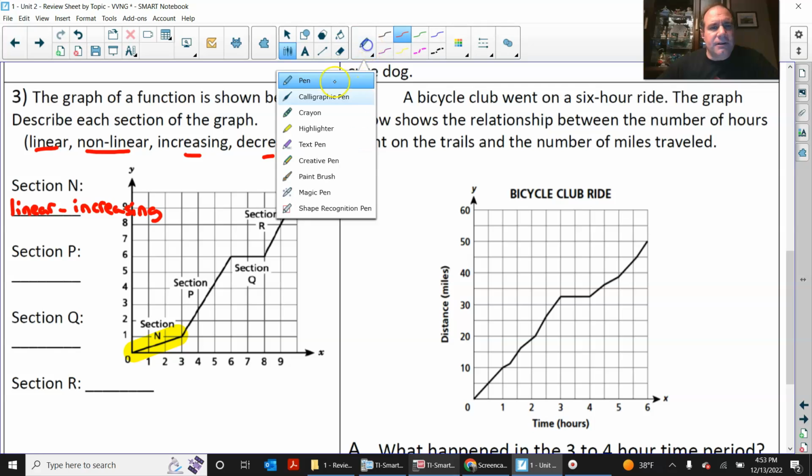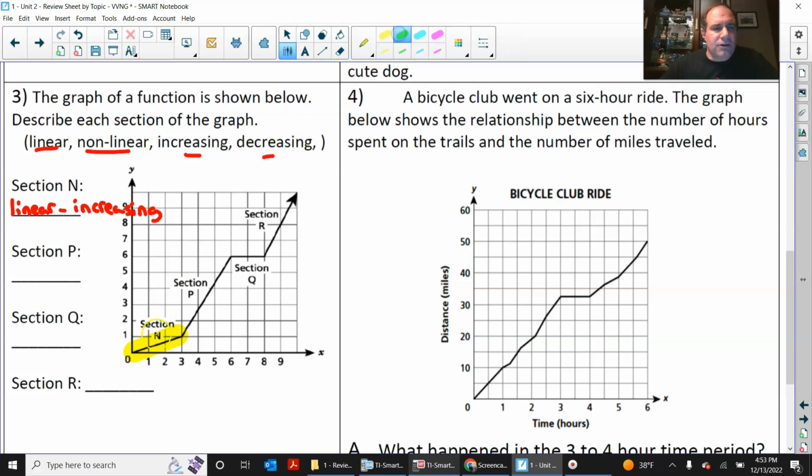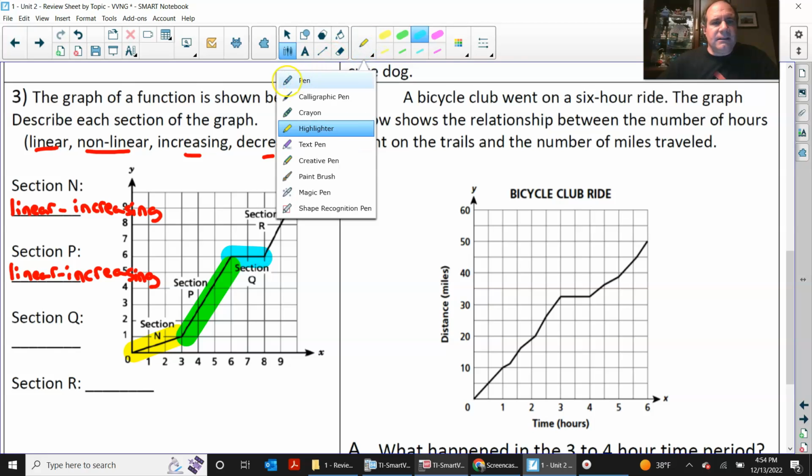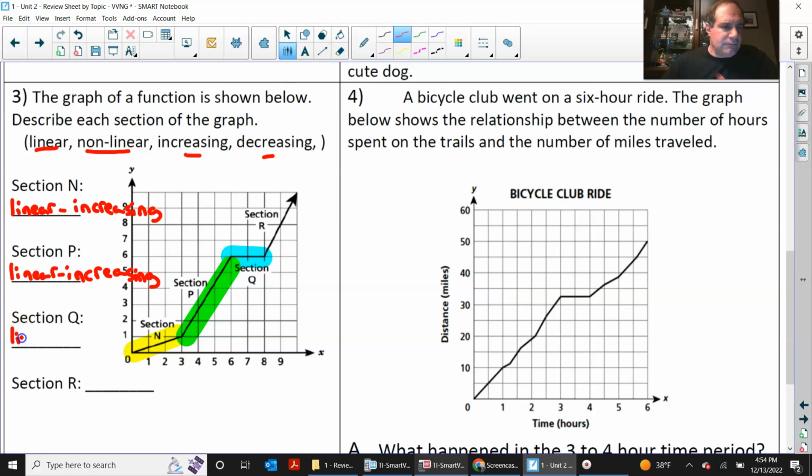Section P, I'm going to take my highlighter now and go in green. And the same thing. Linear. Increasing. Section Q, we're going to do in blue, is linear. And it has a slope of 0.